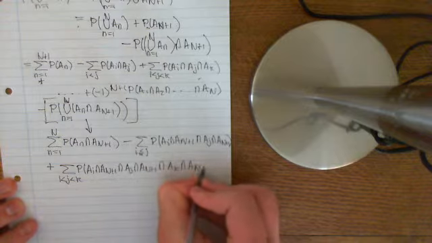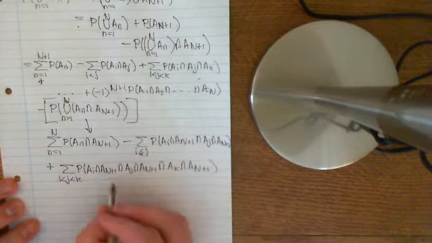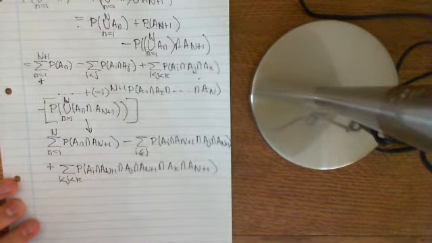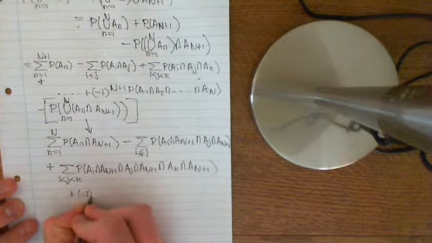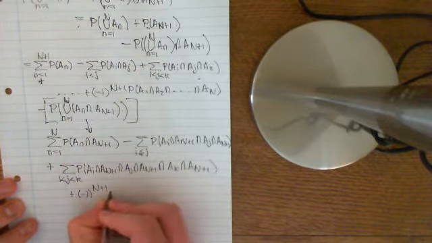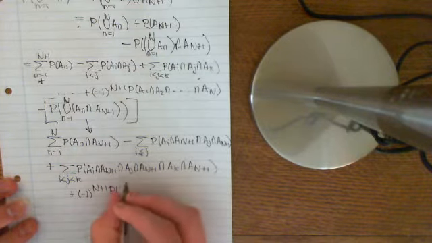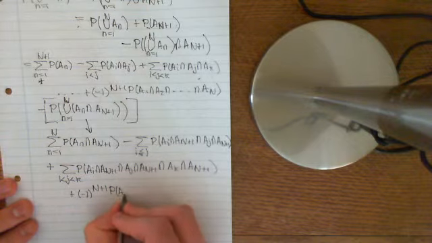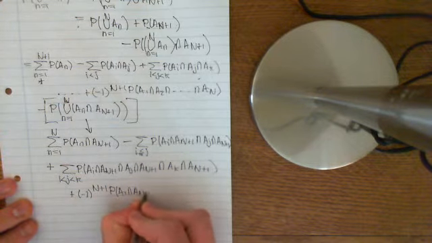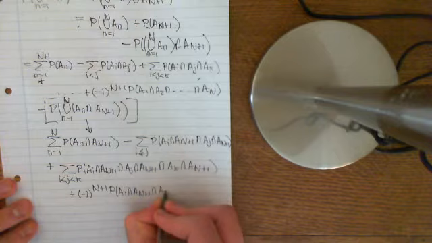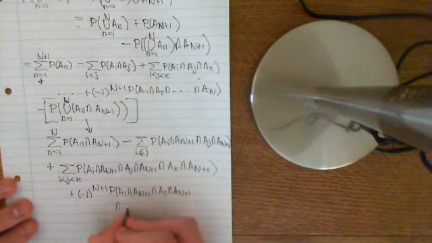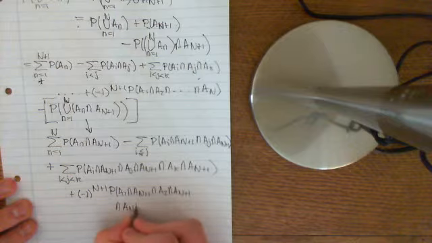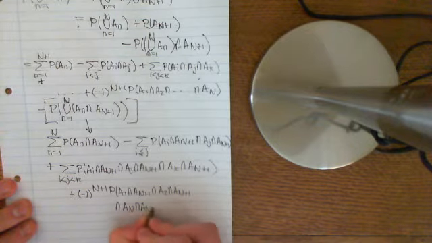So obviously you can see that some nice cancelling is going to happen here because there's no point intersecting big N plus 1 three times. And then we're going to get plus or minus 1 to the big N plus 1, the probability of a1 intersect big N plus 1 intersect a2 intersect big N plus 1 intersect all the way up to big N intersect big N plus 1.